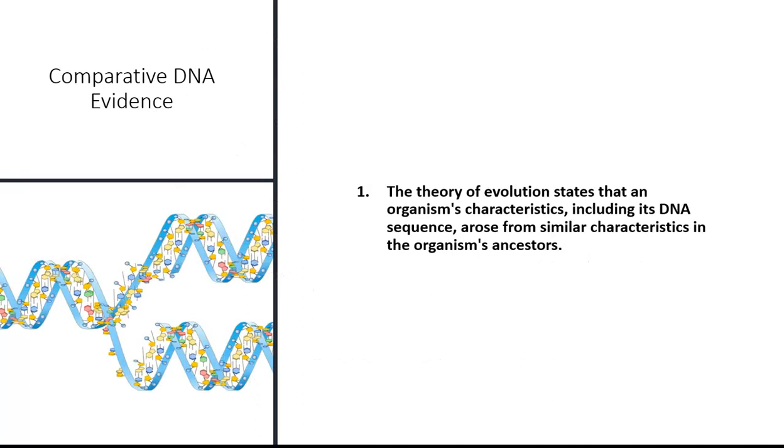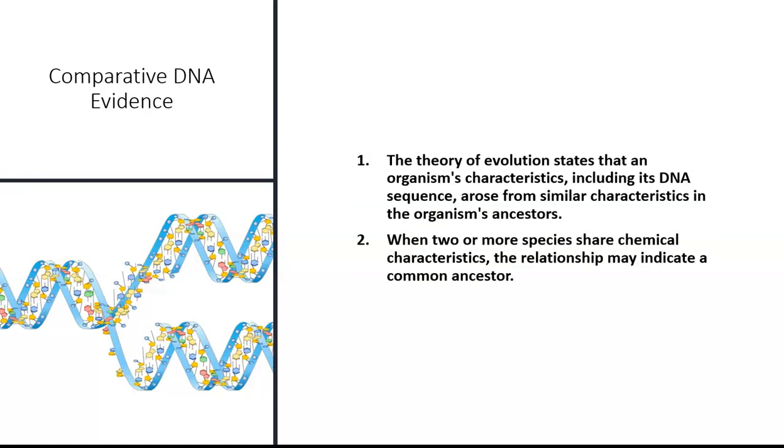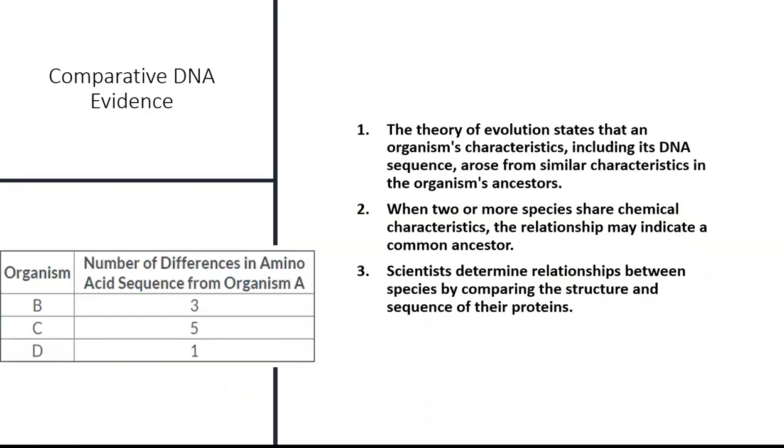So when you're comparing DNA evidence, number 1, the theory of evolution states that an organism's characteristics, including its DNA sequence, arose from similar characteristics in the organism's ancestors. When 2 or more species share chemical characteristics, the relationship may indicate a common ancestor. In other words, if they have a lot of DNA in common, they probably have a common ancestor.